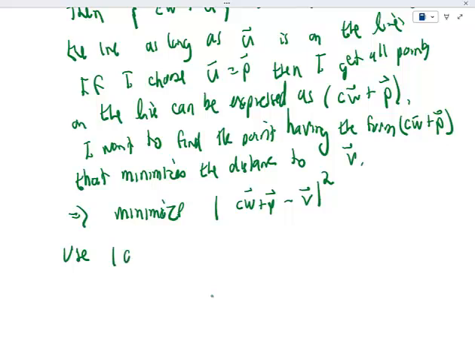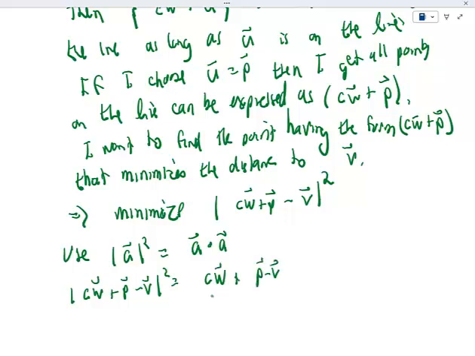If I take any vector A, the norm squared of A is equal to the dot product of A with itself. We learned that way back when we introduced dot product. So that means that this norm squared, C times W plus P minus V squared, is equal to the dot product with itself.